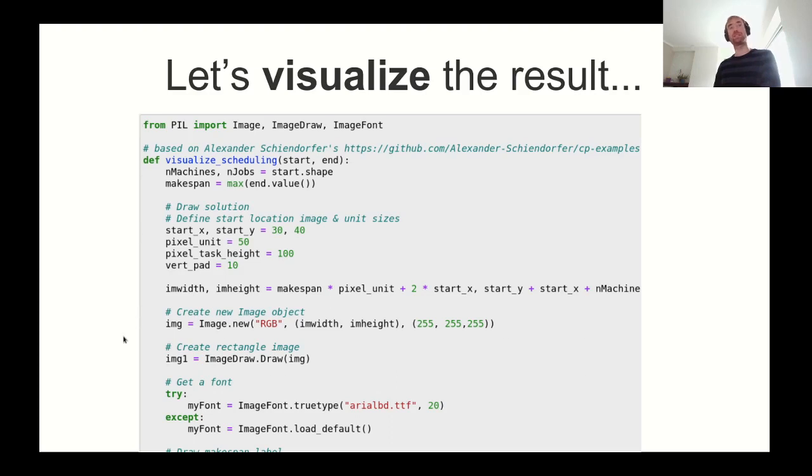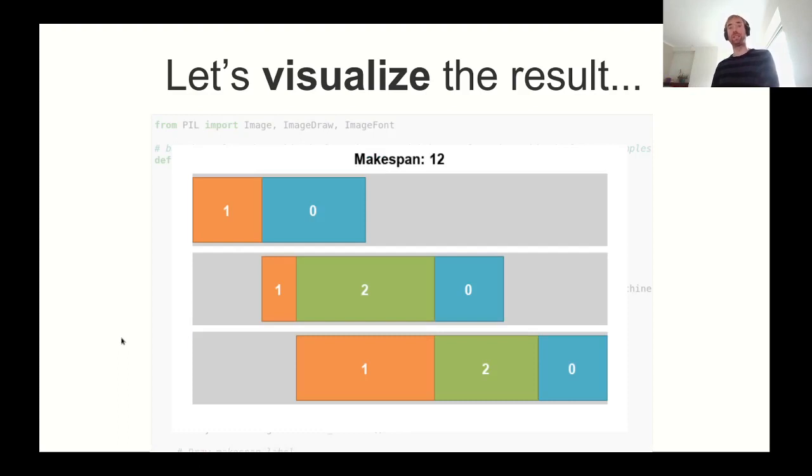And so we can take that code, change just a tiny little bit of it, and voila, we can get a graphical representation of our solution. So it's again the same thing, job 1 for 2 time steps, job 0 for 3 time steps, and not used after that. And of course, this is much nicer to see, and it's just a matter of replacing the ASCII code by some code that generates that visualization. All right.